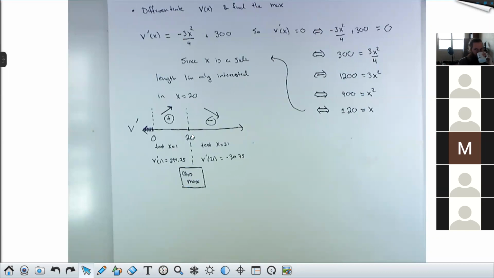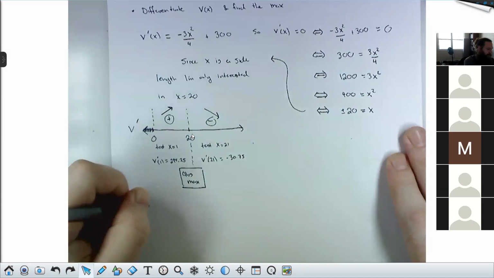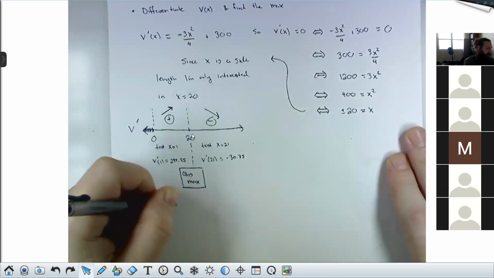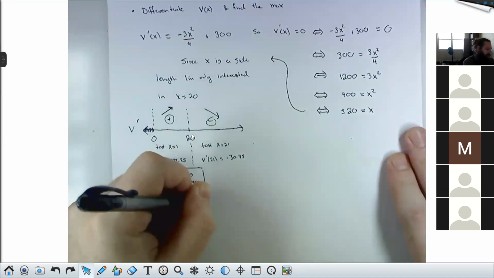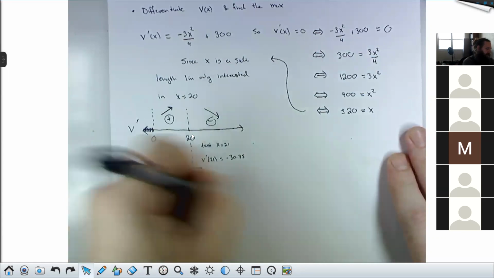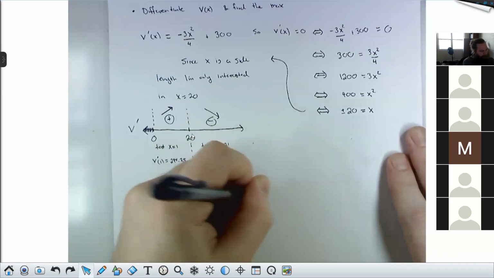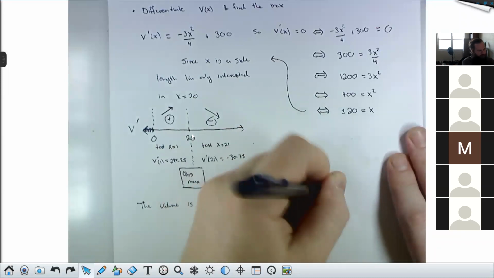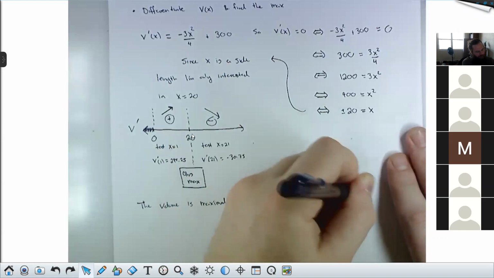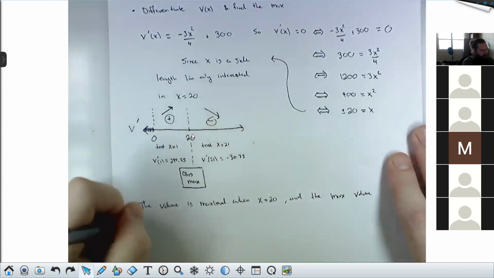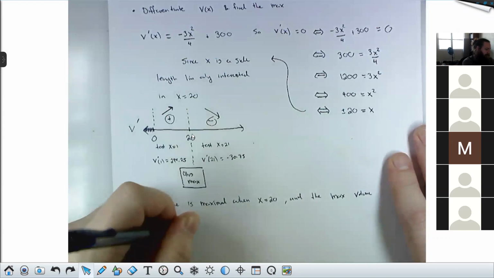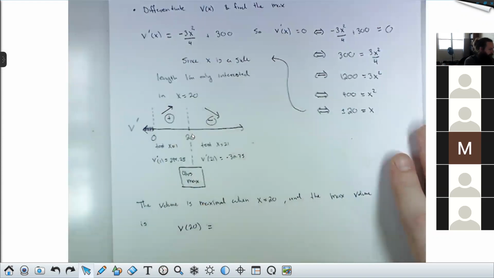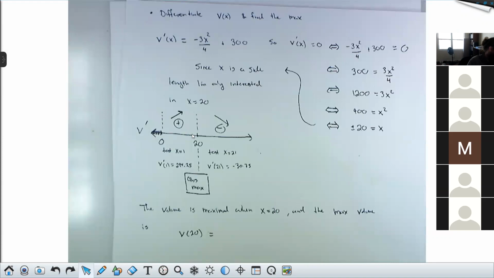The max volume. Right. So how do I find the max volume? Plug in 20. Good. And V of 20, where was that?